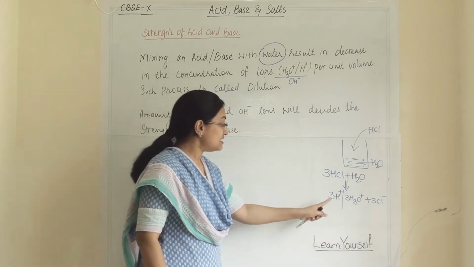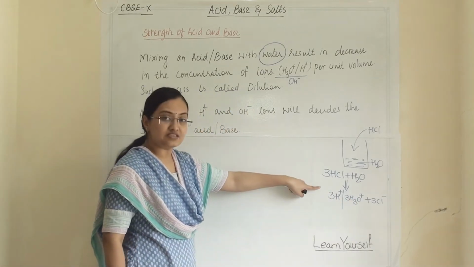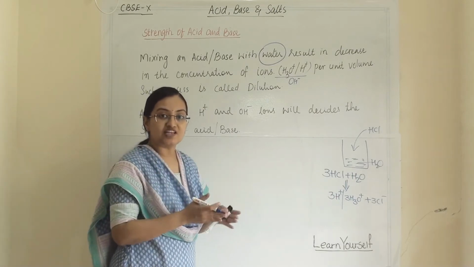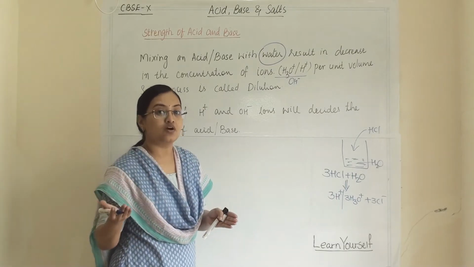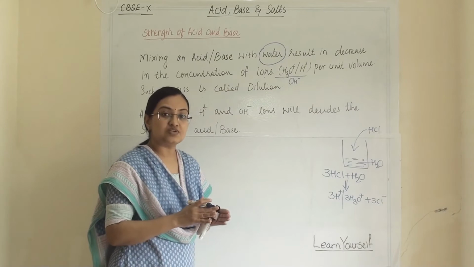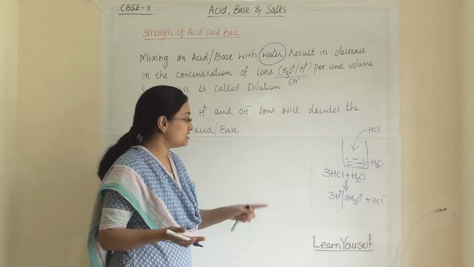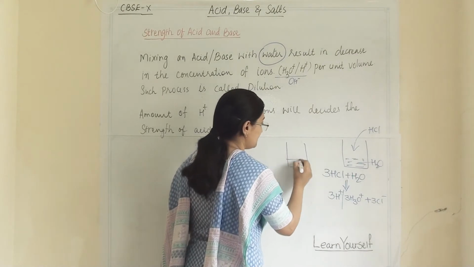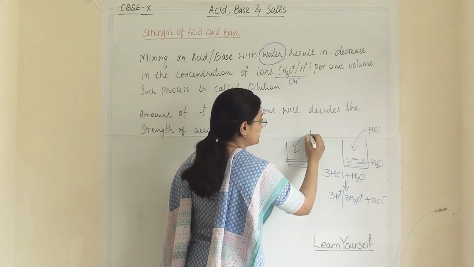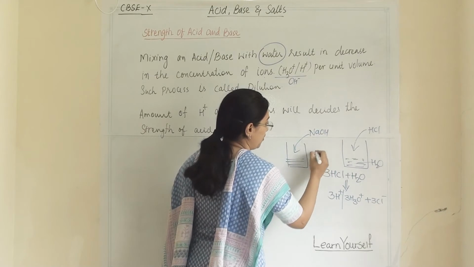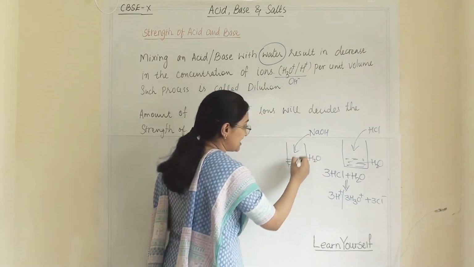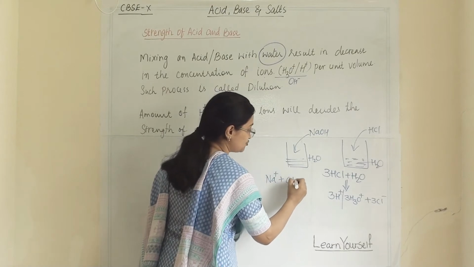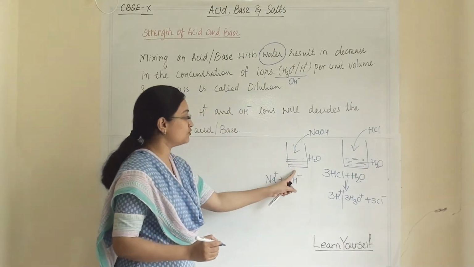So this suggests that if ions are more, then the strength of the acid is more. More H plus ions, stronger acid, and fewer H plus ions, weaker acid. Similarly, this will happen when you add a base into water. As a result, you will get Na plus and OH minus when it mixes with water.